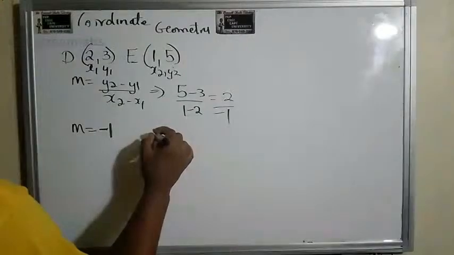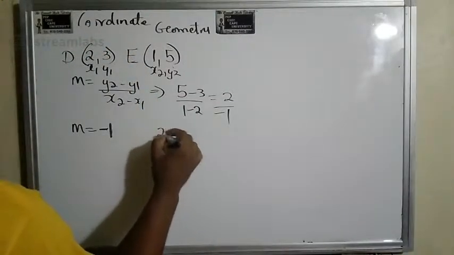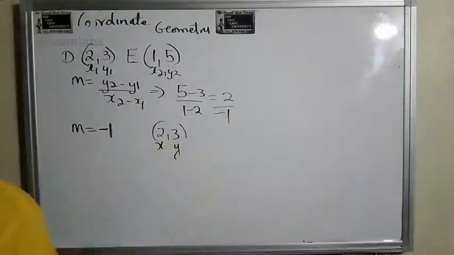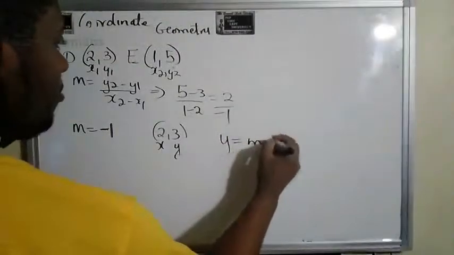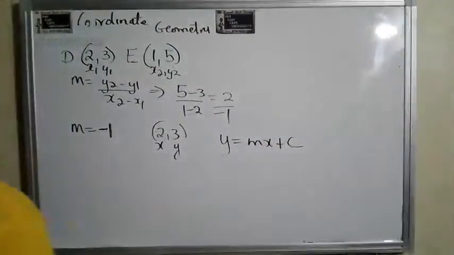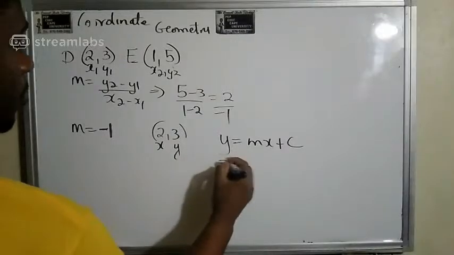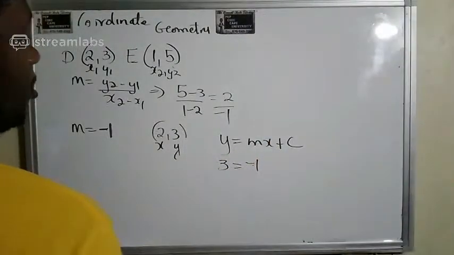Alright, so we're going to take the point 2, 3. X is 2 and y is 3. So we have this formula, y equals mx plus c. So what's y here? 3. So we just put in what we know. We have the gradient, negative 1.